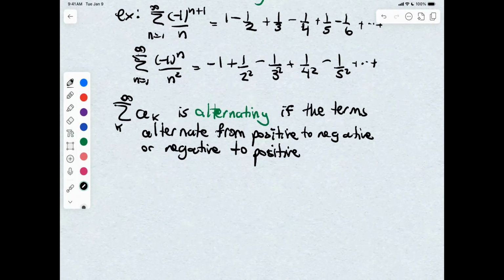Now, in practice, what we need for the alternating series test to work is that we require two more things. The first one is that the coefficients, or the numbers that you're adding in the series, start decreasing in absolute value.